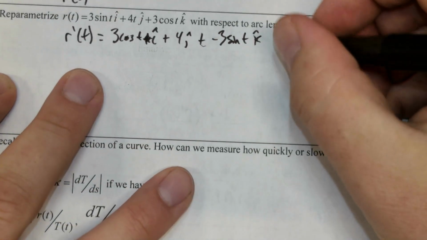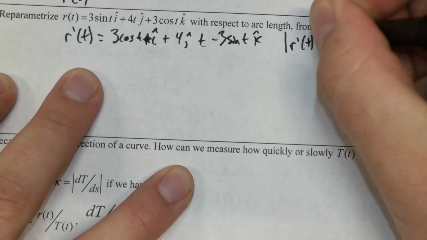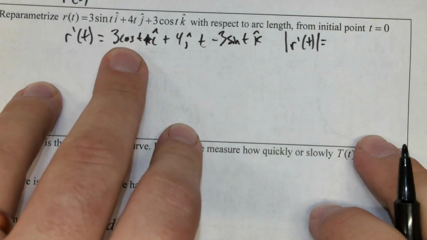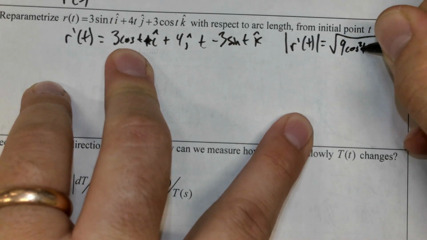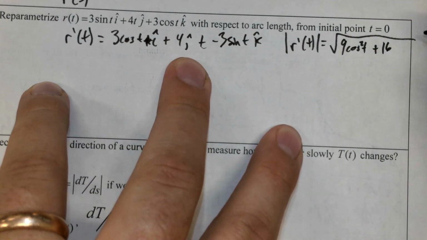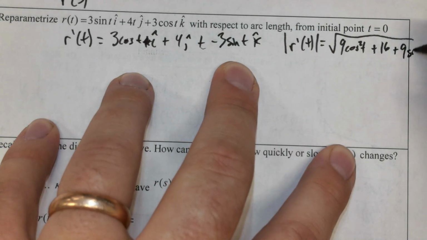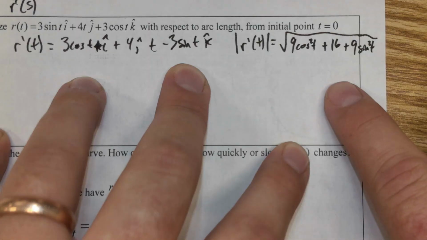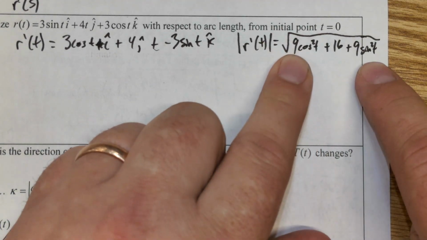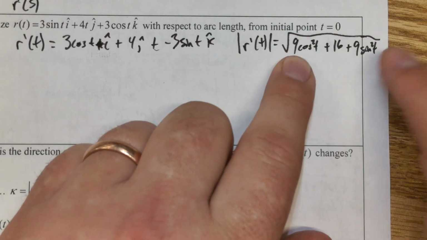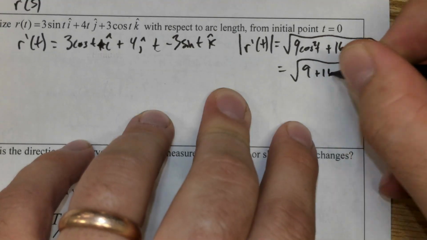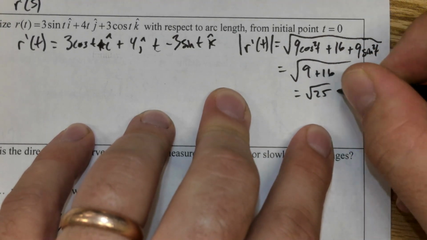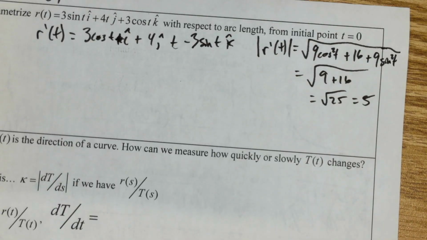And when I take that magnitude of r prime, I would get square root of 9 cos squared t plus 16 plus 9 sine squared t. This is not an accident, it keeps happening this way. 9 cos squared plus 9 sine squared is just 9, plus 16 is square root of 25, which is just 5.